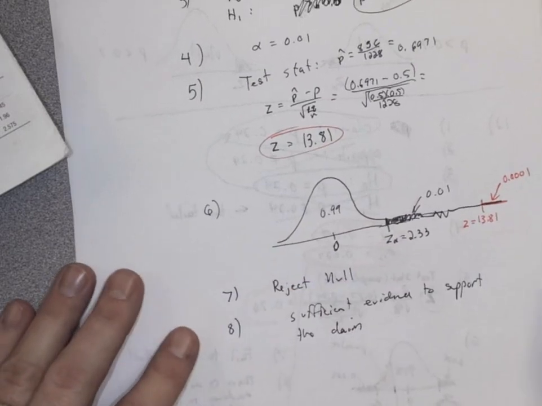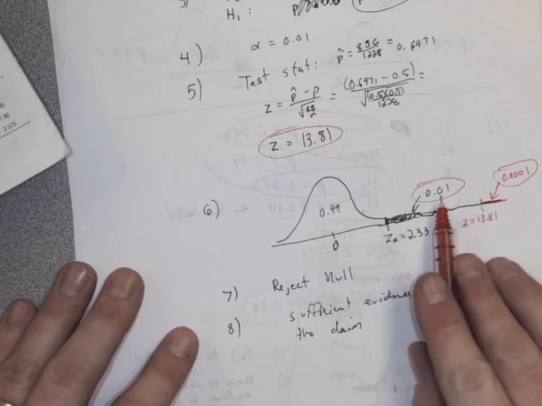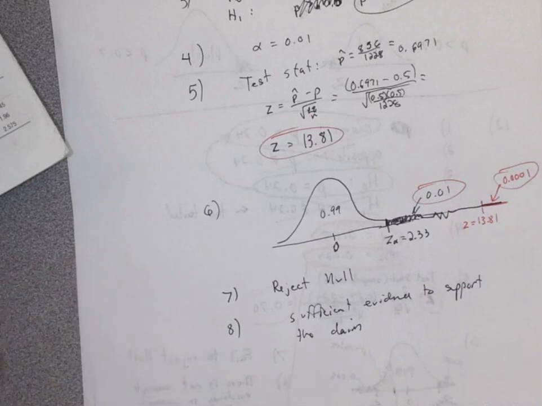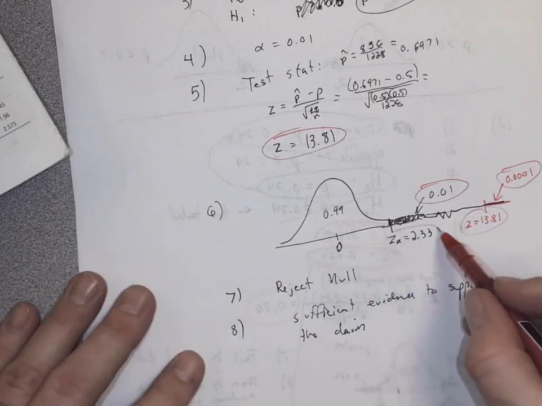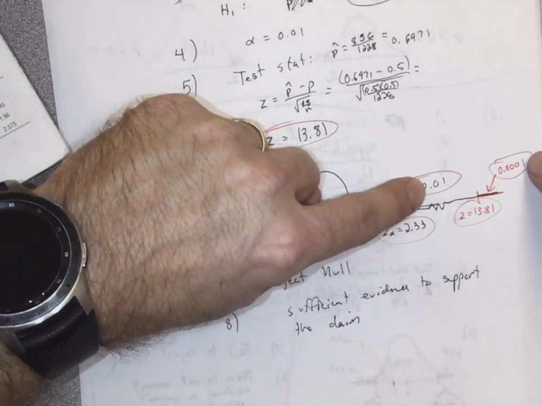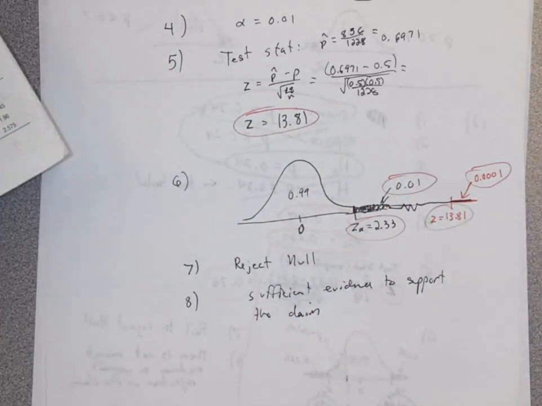And what I notice is if you look at these areas, this area is less than this area, so it lives in the tail. So that's another way to show that it's in the alternative. So you can either look at these two numbers, or you can look at those two areas. This is the p-value method, and this is the critical value method. And they'll both give you the same thing.